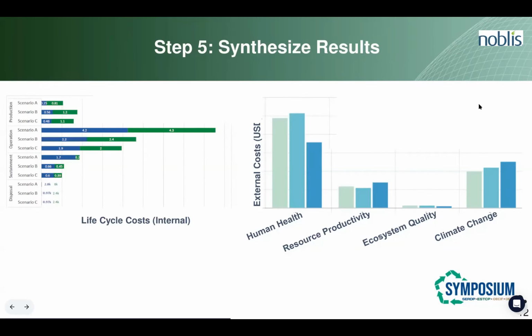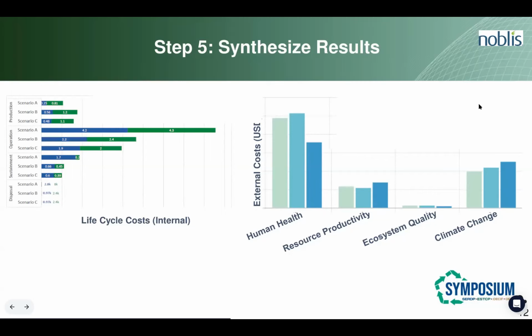Okay, the last step, once you've done all this, is to synthesize the results. This is to display the results in a way that is important for your community, or business or whatever may be. On the left, you'll see an example of life cycle costs. They have those costs broken down by life cycle stage.